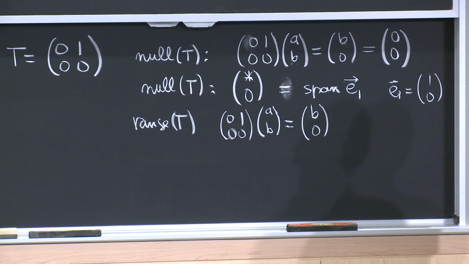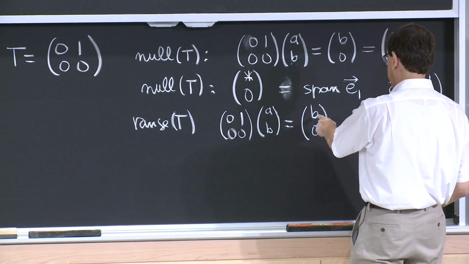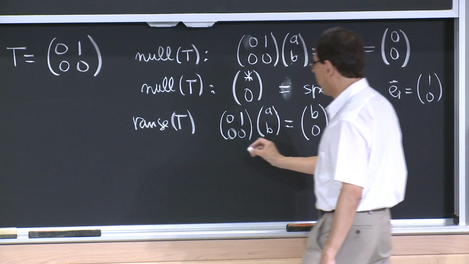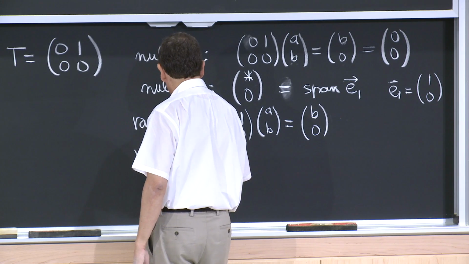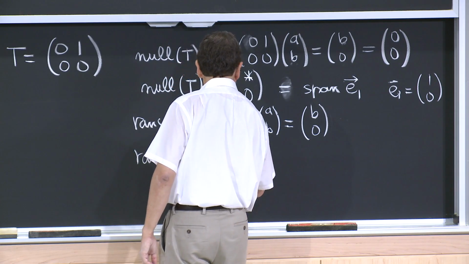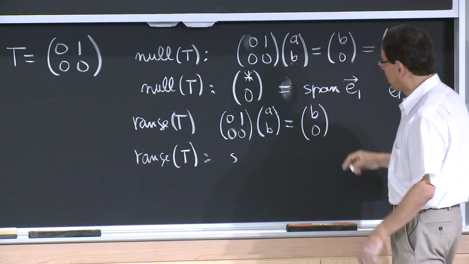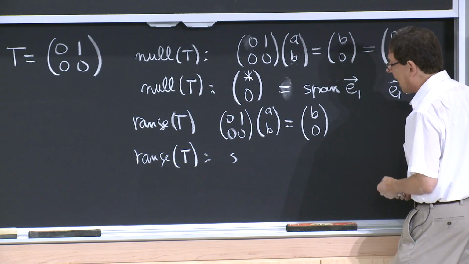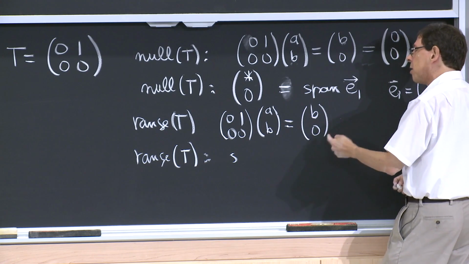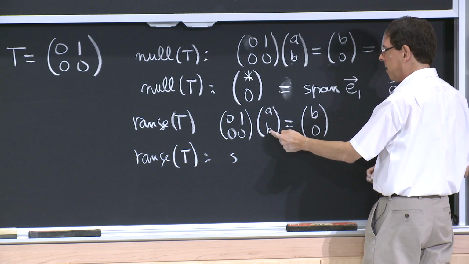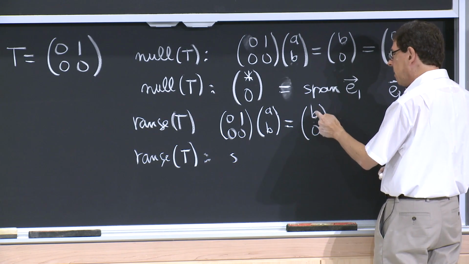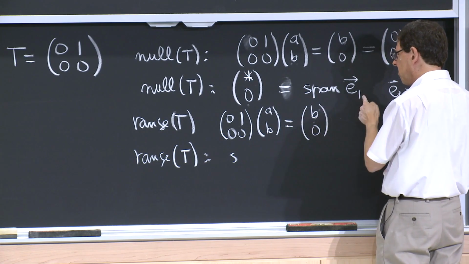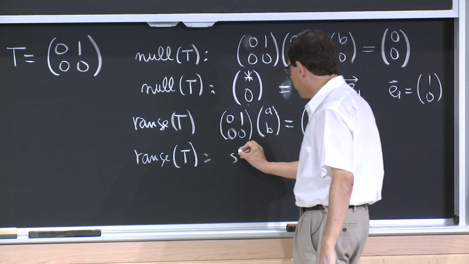So actually, the range of T is this kind of vector, and here's where it can get a little funny. Those are the vectors that you can get. These are the most general vectors that you can get after action by this operator. So the range of T is again something with this form. So the span of e1.